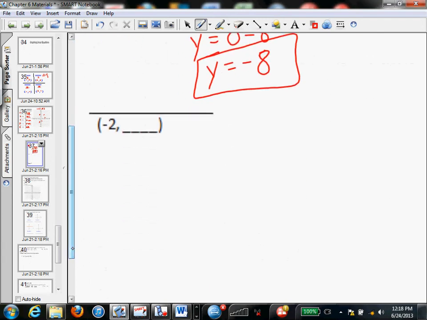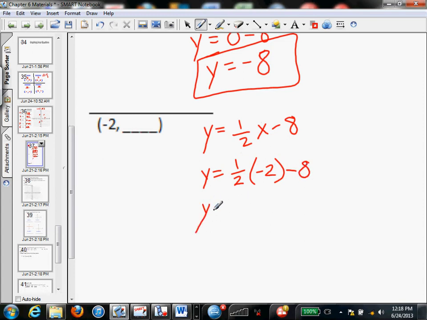Okay, if we look at this second point, we have negative 2 in for x, so we're looking for what y is. So we'll just rewrite our equation, y equals 1/2 x minus 8. And again, we're just going to plug a value in for x, so we'll have y equals 1/2 times this new value for x, which is negative 2, minus 8.